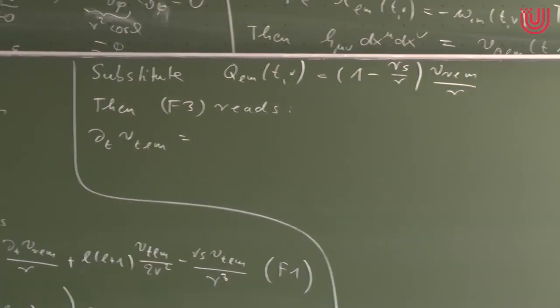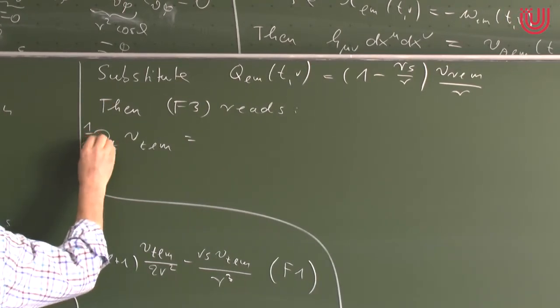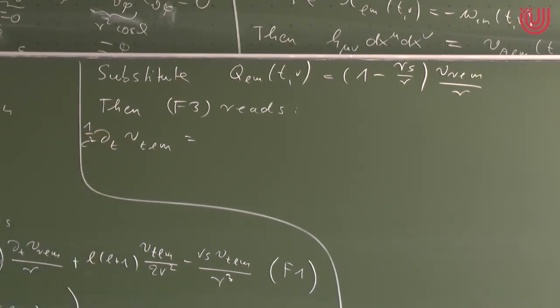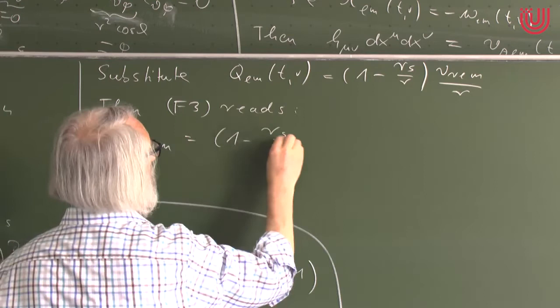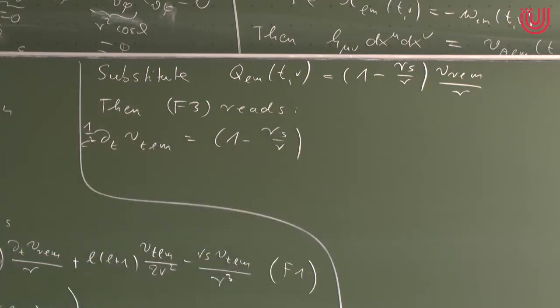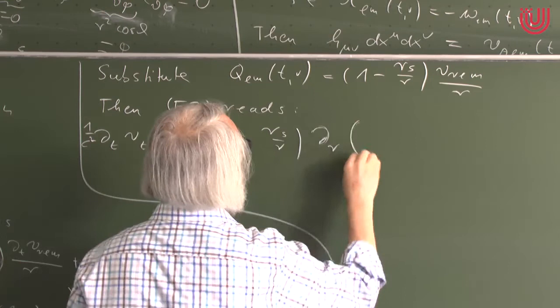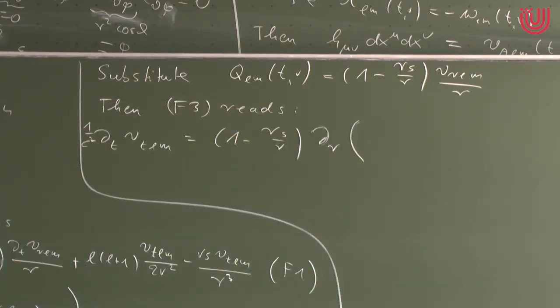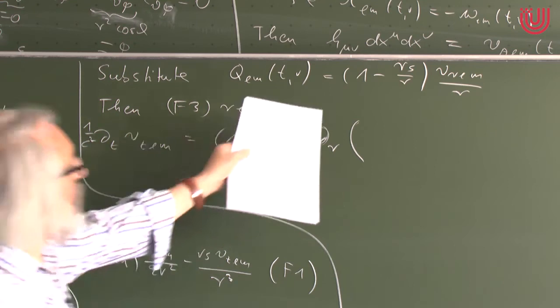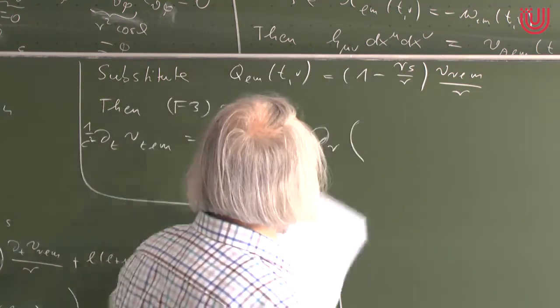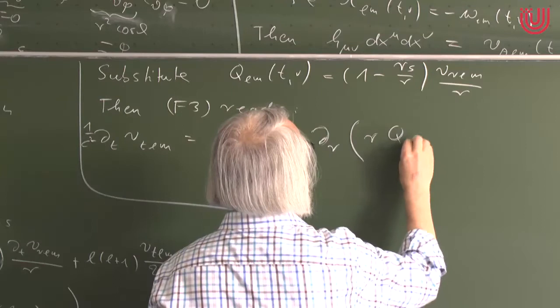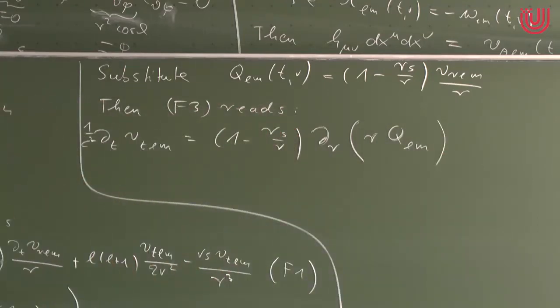It is what? Let's keep the 1 over c squared. But let's multiply everything with 1 minus rs over r. Here's a minus sign, so this becomes plus. And then I have d by dr of this expression, d by dr of 1 minus rs over r times v. 1 minus rs over r times v is r times q with our substitution. Okay? And I think I can calculate this.